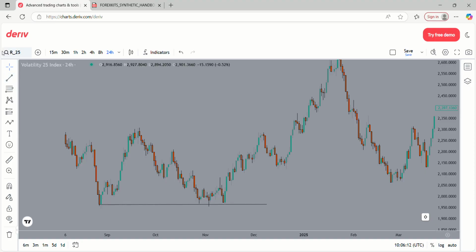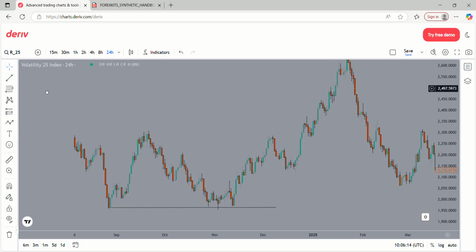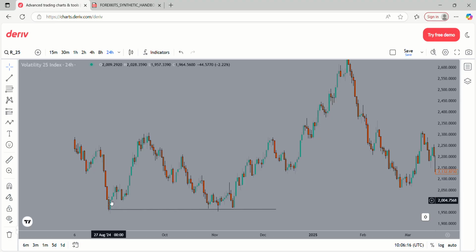Let me use my cursor. So you can see this place. Let me name it support. You can see from this place where the buying started was this point.